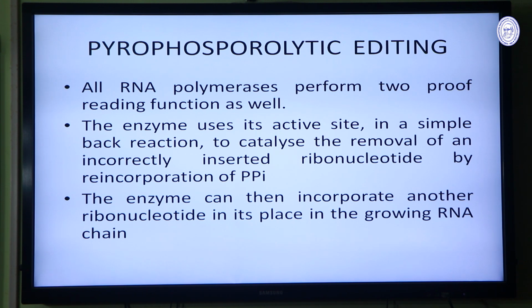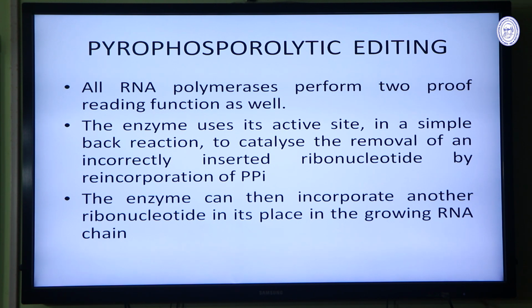But still there is some sort of proofreading activity in the RNA polymerase. The enzyme uses its active site, that means the catalytic site lying at the beta core, in a simple breakdown to catalyze the removal of an incorrectly inserted ribonucleotide by reincorporation of PPi. So, what happens during phosphodiester bond formation?